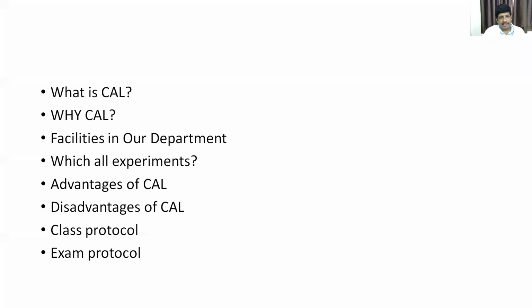As per the MCI requirement, 15 sets of working computer systems are necessary. And then we need to have some software in which we can teach. And the software which we have is the animal simulator software from Elsevier.